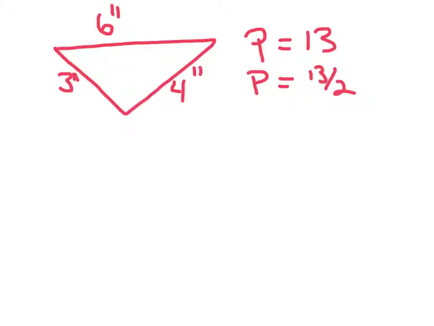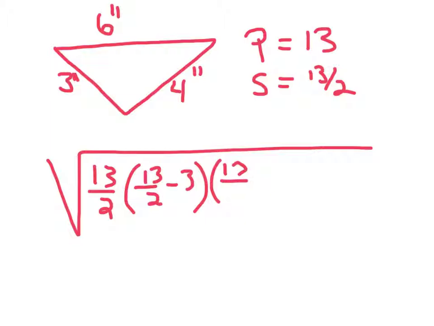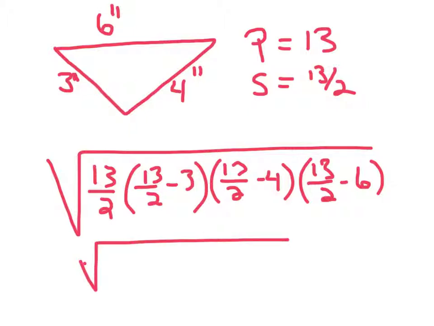And then I would take the square root of S, half the perimeter, times half the perimeter minus 3 times half the perimeter minus 4 times half the perimeter minus 6. So that's going to be the square root of 13 halves times 3 halves times 5 halves times 1/2.